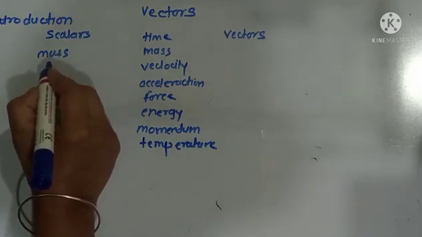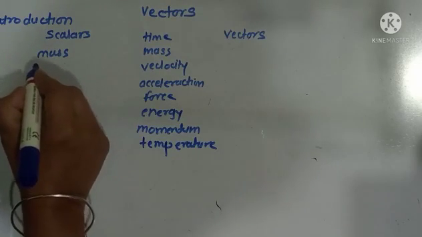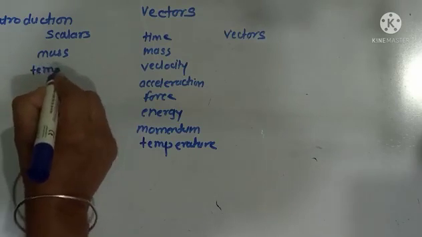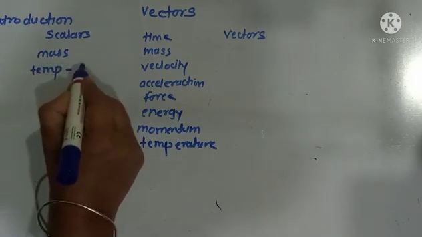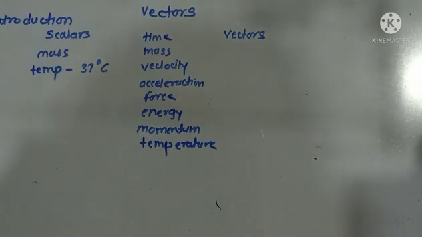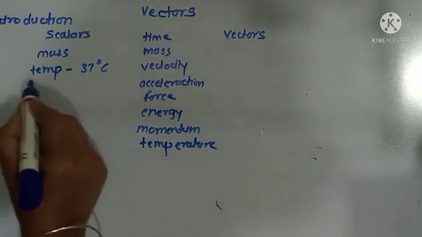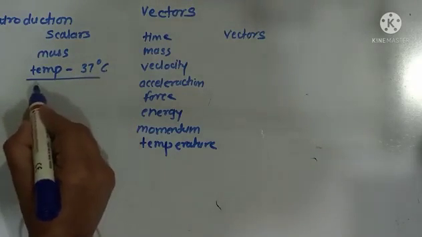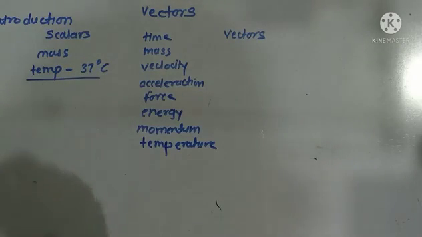Or when I want to state the temperature of my body, I will say that I have a temperature of 37 degrees Celsius. I don't need to explain the direction of my body temperature. I won't say that the temperature is 37 degrees Celsius in the east direction.